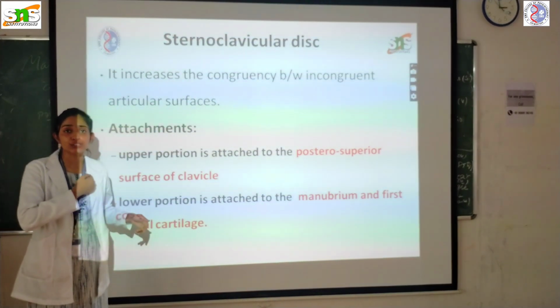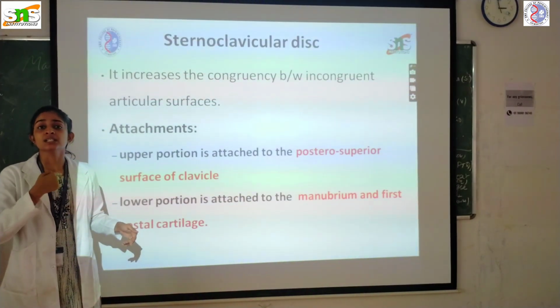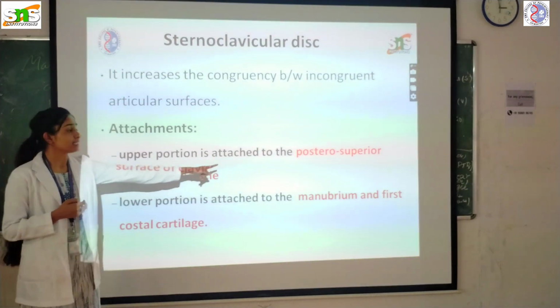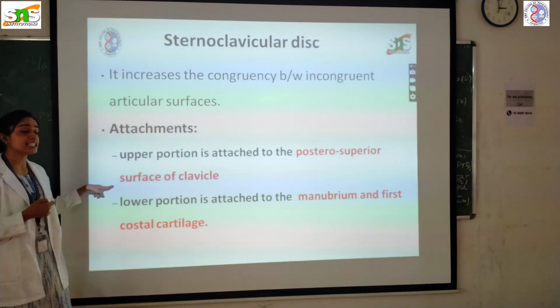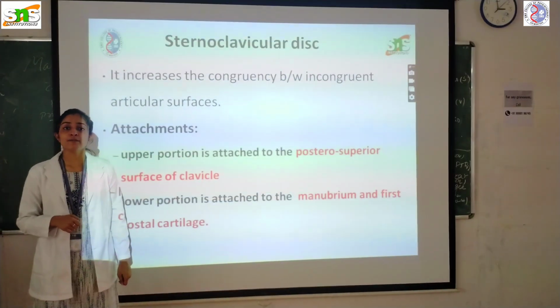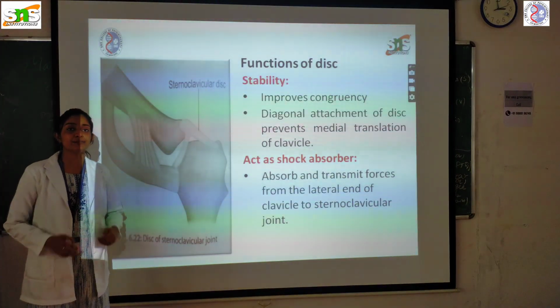One is going towards your manubrium and the other is going towards your costal cartilage. So you can see the upper attachment to the posterior superior surface of your clavicle, and the lower attachment to the manubrium and your first costal cartilage.